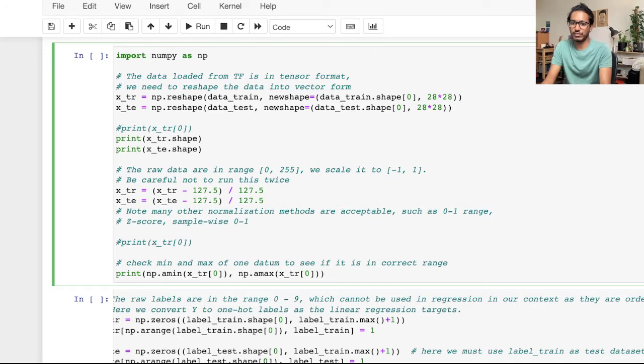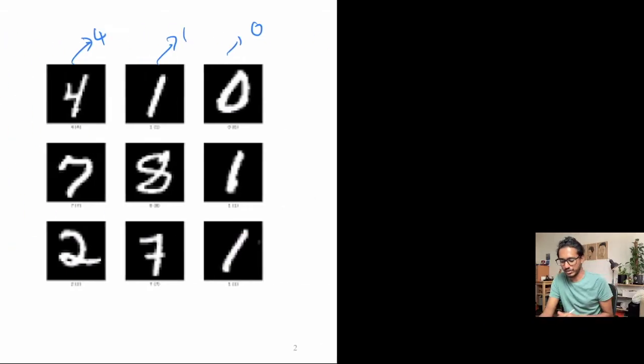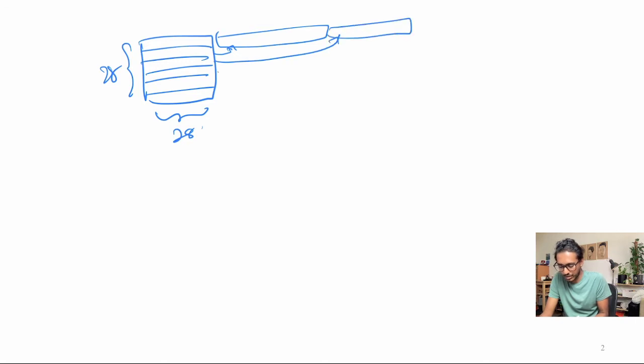If I show you what's happening there, we are getting this image, which is 28 rows by 28 columns, and we are going to stack these rows horizontally and create a single row.